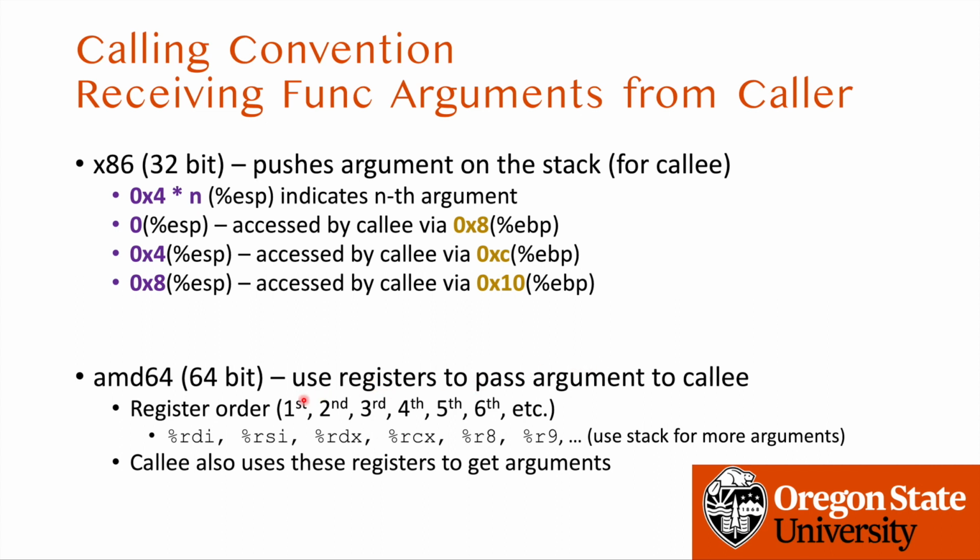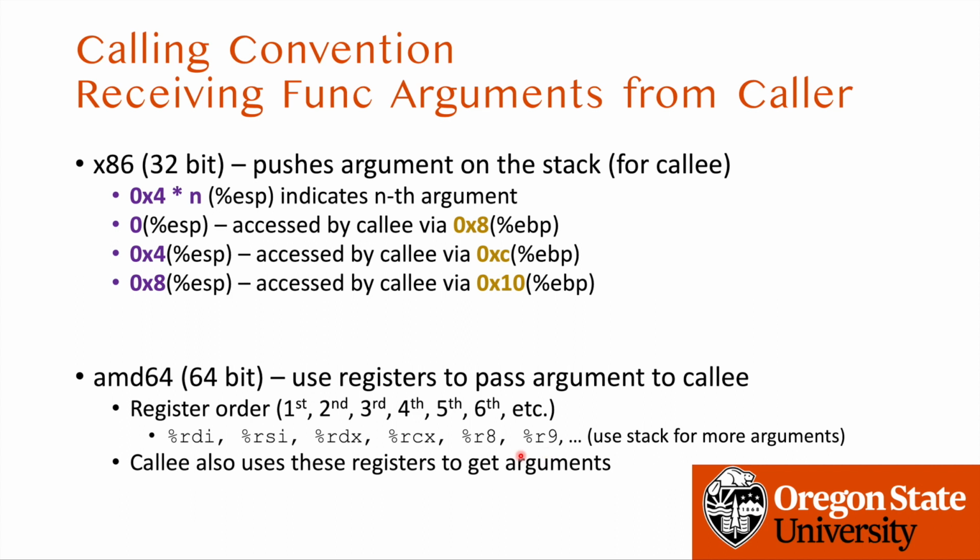The argument order in the AMD64 calling convention is that RDI indicates the first, RSI the second, RDX the third, RCX the fourth, R8 the fifth, and R9 the sixth. So please memorize this order to solve the week 2 challenges for AMD64.